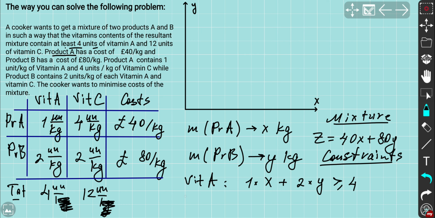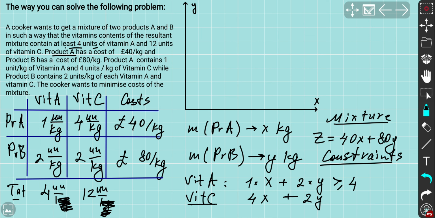In the same way, we can consider vitamin B in the mixture, actually vitamin C. In this case, we have 4 units per kg, so in total we have 4x for vitamin C in product A. And on top of that, we add 2 units multiplied by y kilograms.